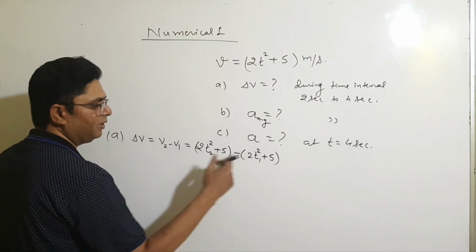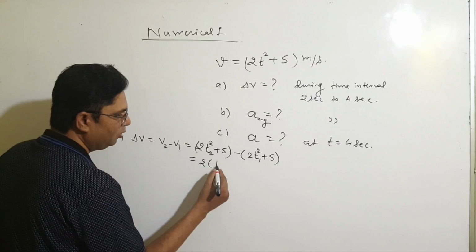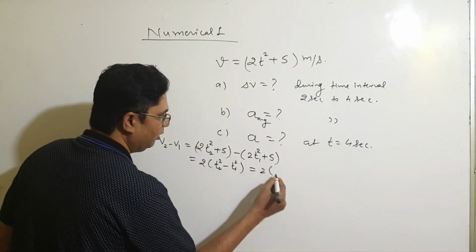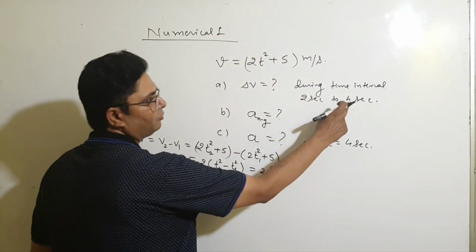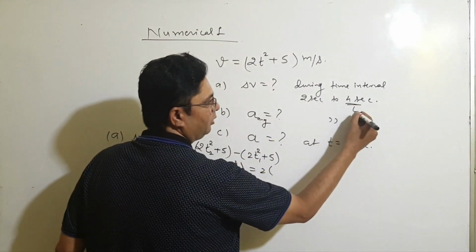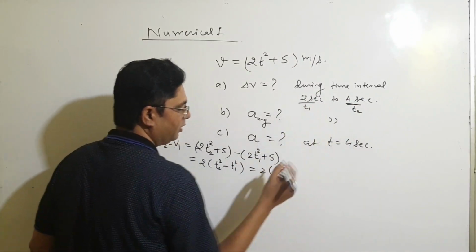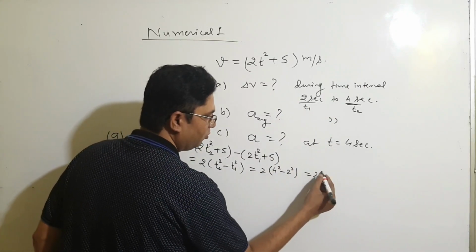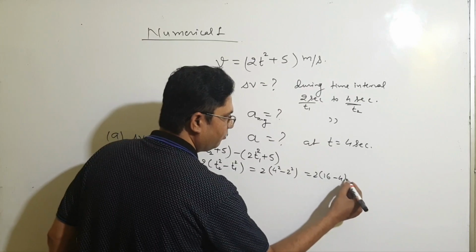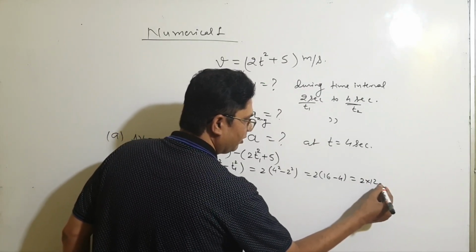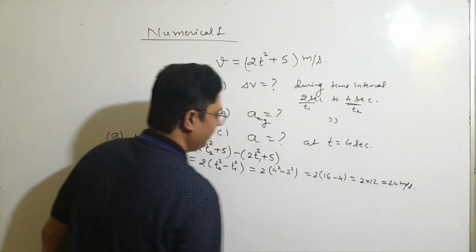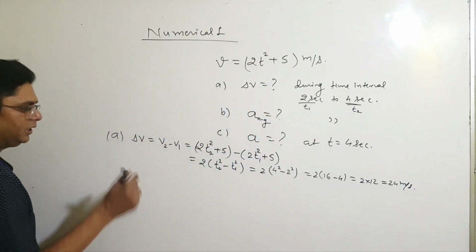Now the 5 and 5 cancel out, take out 2, so t2 square minus t1 square. The value of t2 is 4 seconds and t1 is 2. So it is 4 square minus 2 square. 4 square is 16 and 2 square is 4, so you have 2 into 12 equals 24 meter per second. This is the change in velocity.